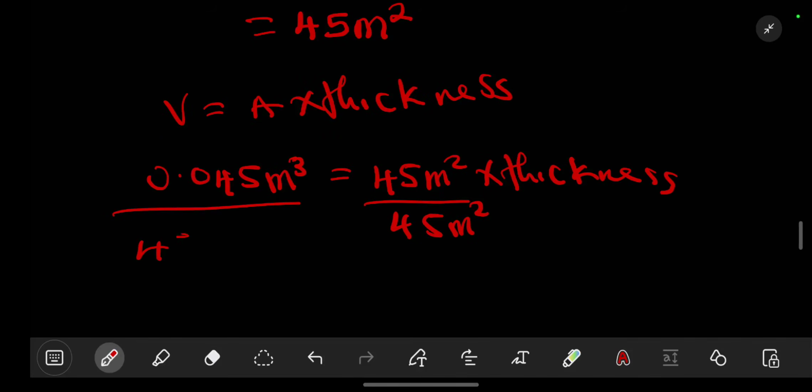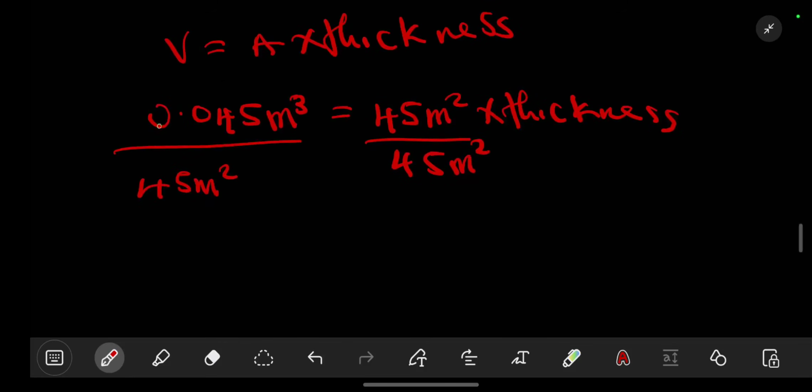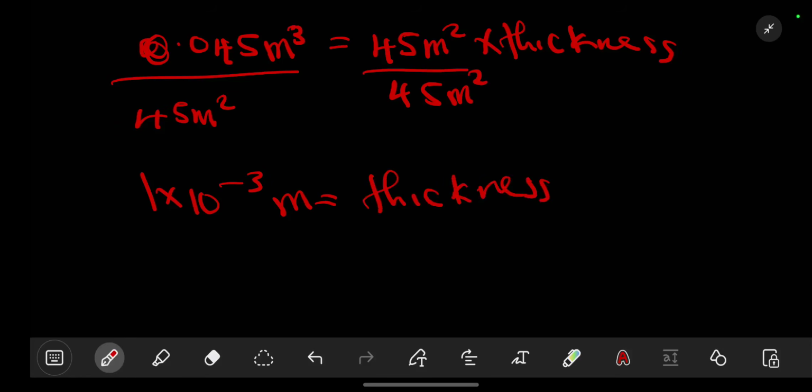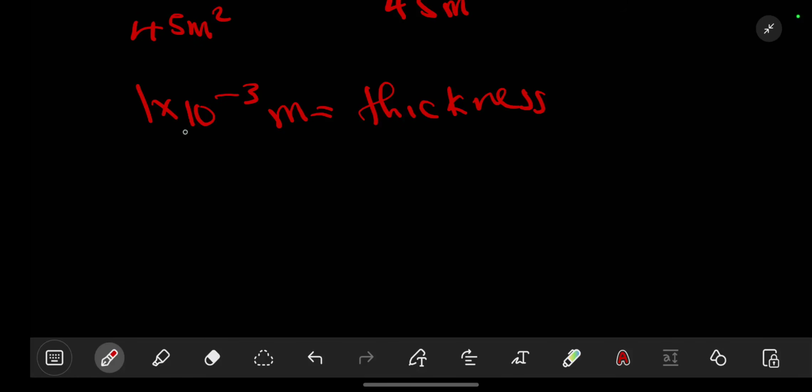This gives us 1 times 10 to the power of negative 3 meters, which is equal to the thickness, and can be written as 0.001 meters. That's our thickness in the SI units, which is meters.